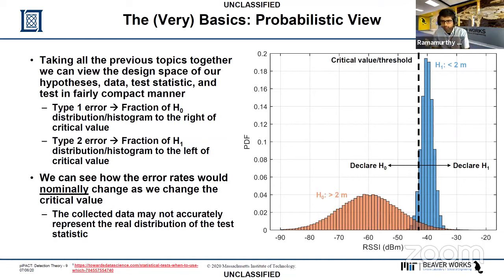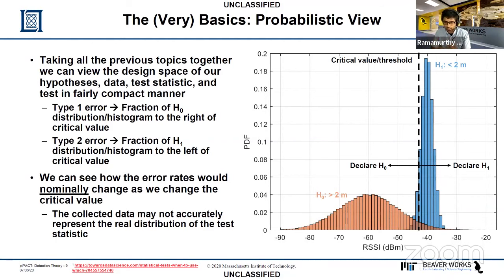What we've got here are two different distributions collected under each of our hypotheses, where H0, the null hypothesis, is that two people are more than 2 meters apart. And H1, the alternate hypothesis, is that they are within 2 meters, all right?